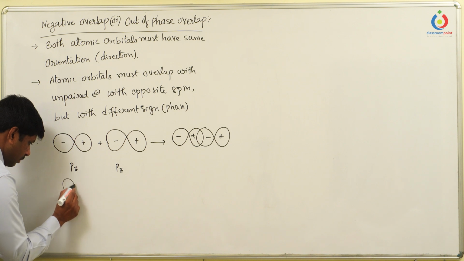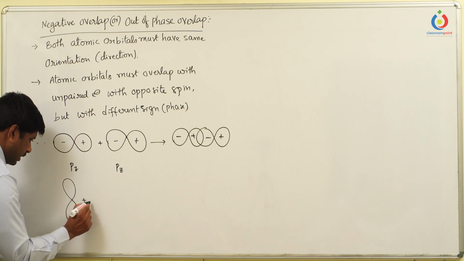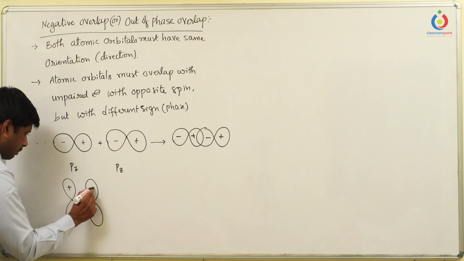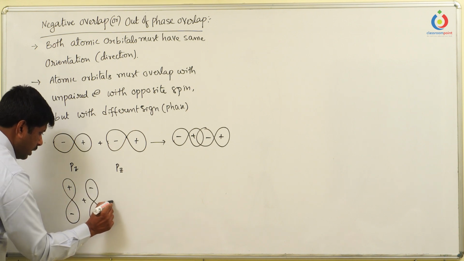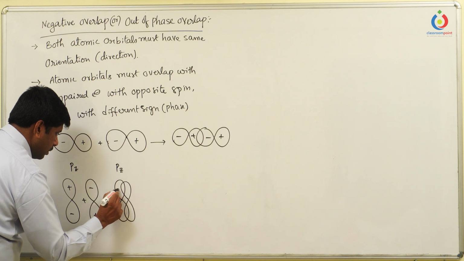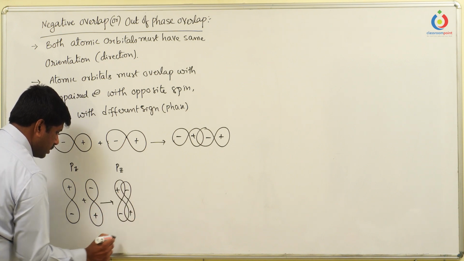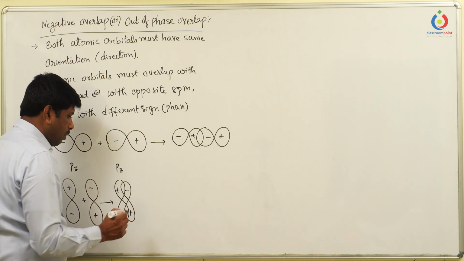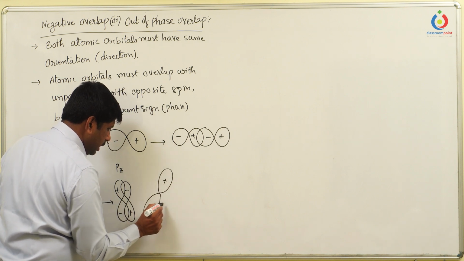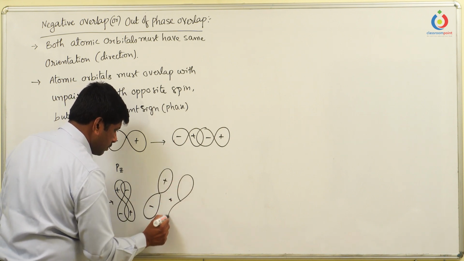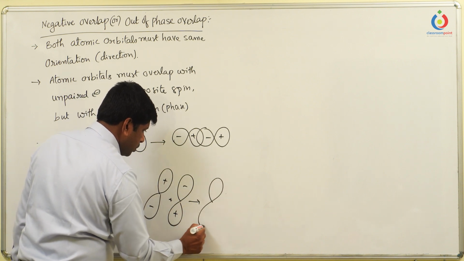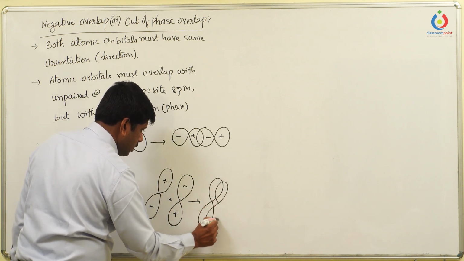Similarly, if you take the px orbital along the x-axis, plus minus minus plus, when they overlap, plus minus minus plus, this is also called negative overlap. And if you take the py orbital, plus minus minus plus, they also don't give any bond formation.